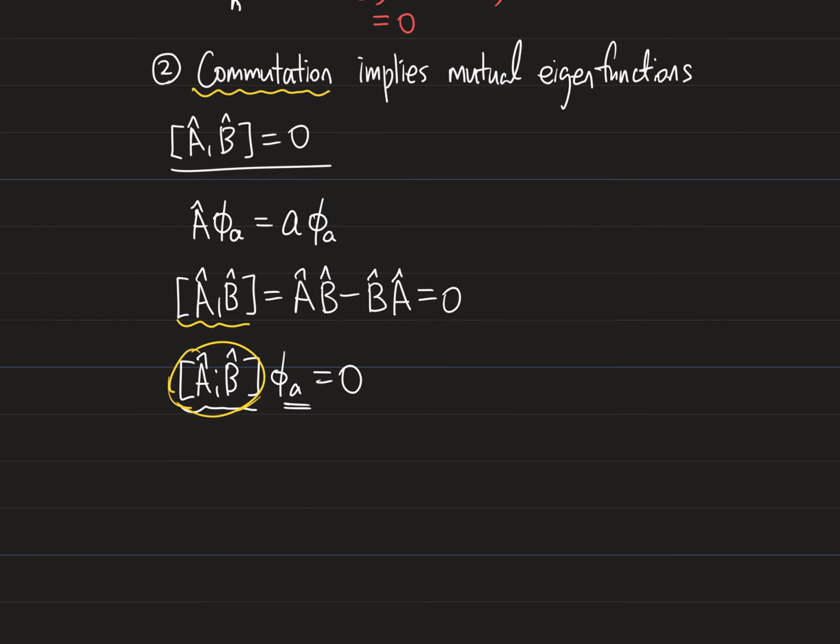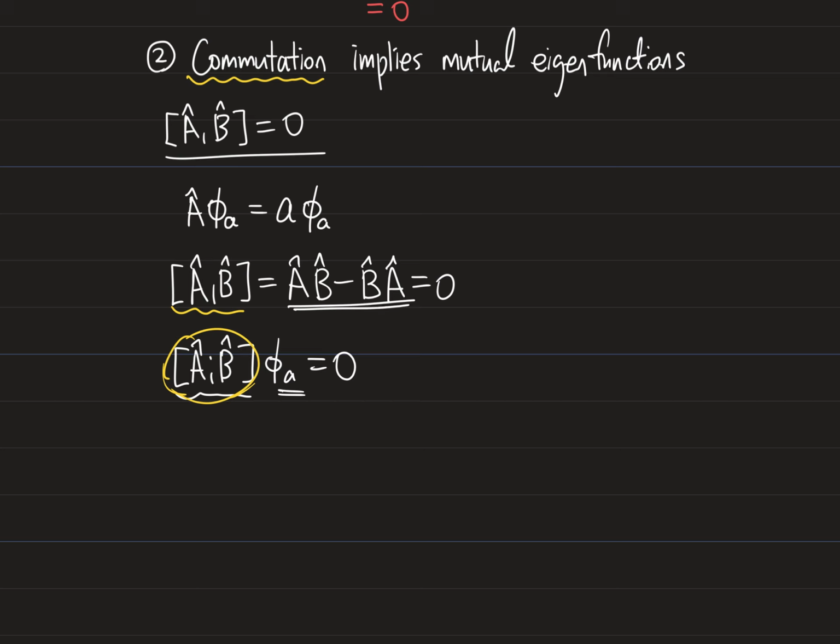So that means from this explicit expression, we can say that A hat B hat PA should be equal to B hat A hat PA. Right? And we know that if we multiply the operator A on its eigenfunction PA, then it should be a times PA.